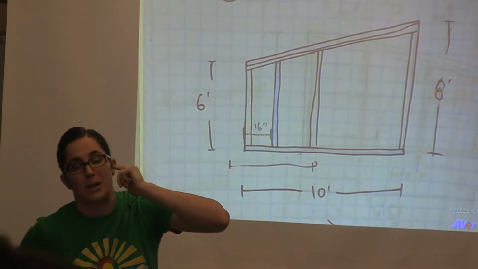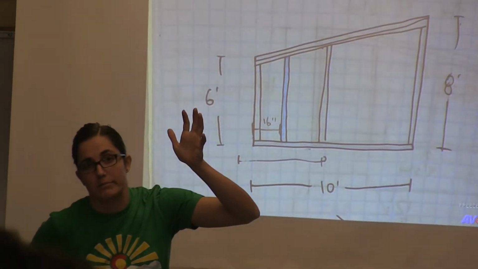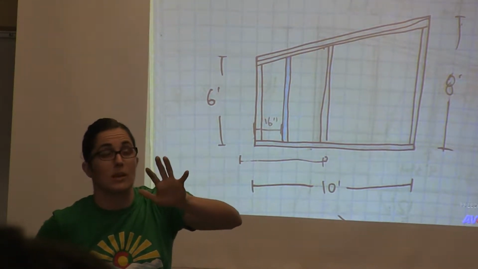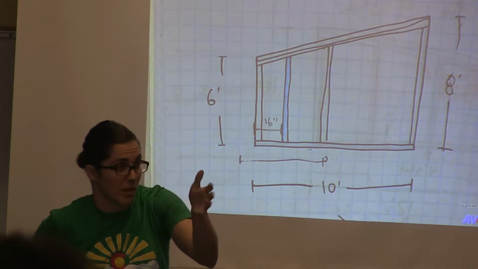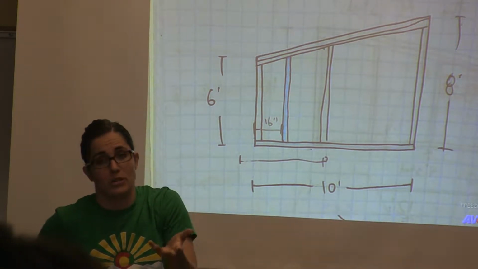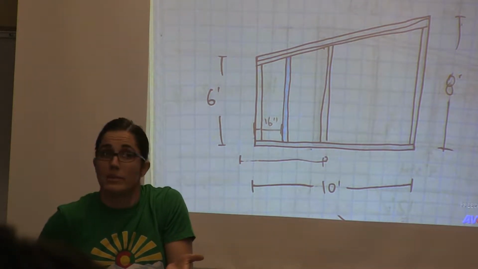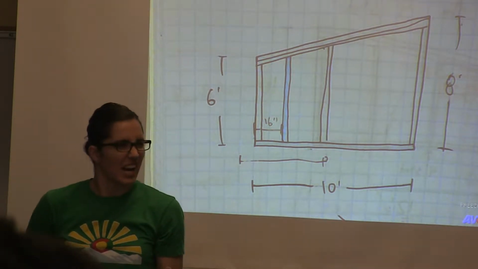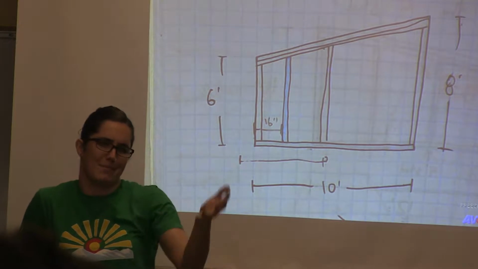Some of you probably have parents who are like, I'm bad at math, so of course you're bad at math. I've had parents say that to me, like, I'll be talking about your grades, and they're like, well, I'm bad at math, so of course they are, because it's genetic. I'm like, no.